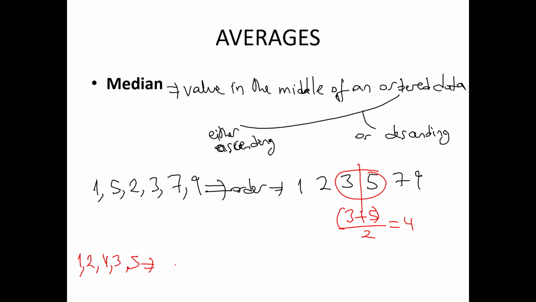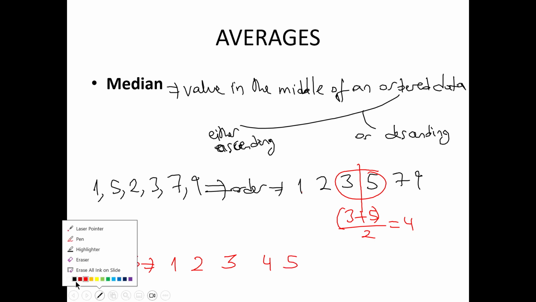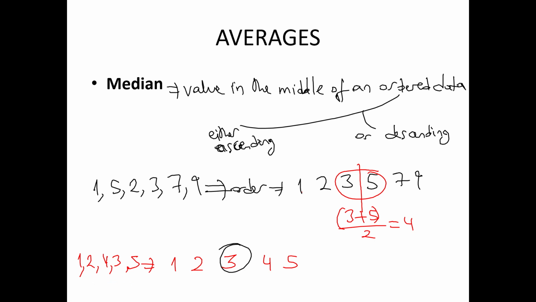You again put them in order: 1, 2, 3, 4, and 5. Then the median becomes this middle value, and here this is the median. The difference was that the first one had an even number of values and this one was odd.